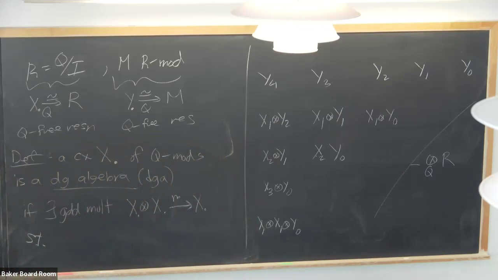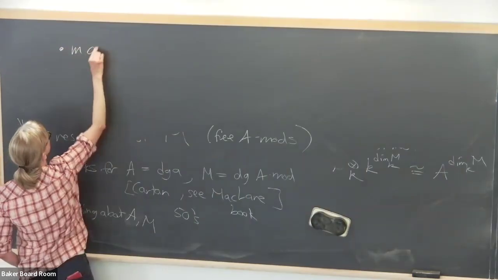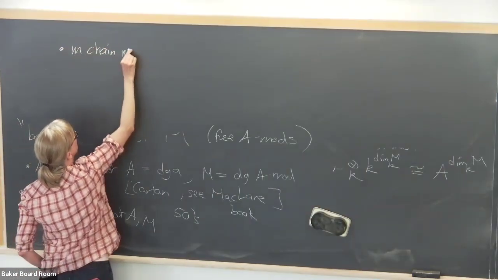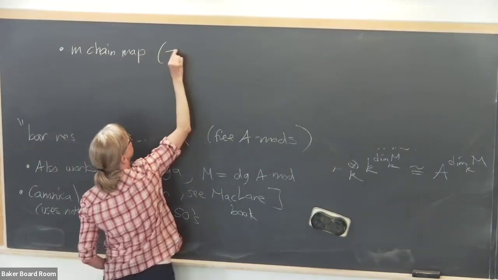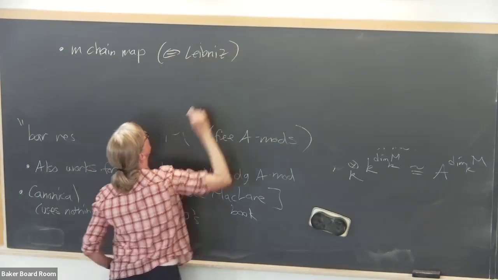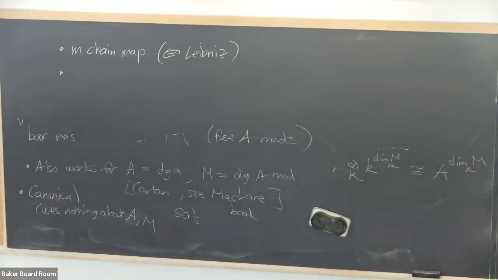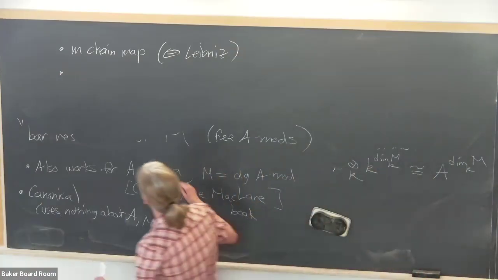One is that M is a chain map, which is the same as the Leibniz rule, which is like a product rule kind of thing, which I'm not going to talk about. And altogether, this forms a ring.